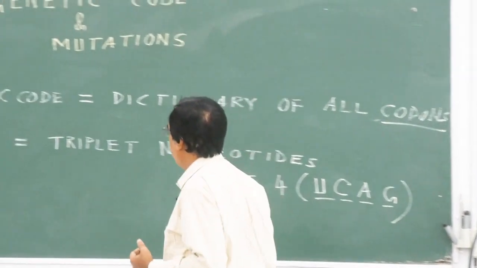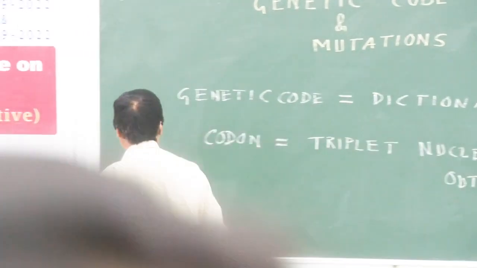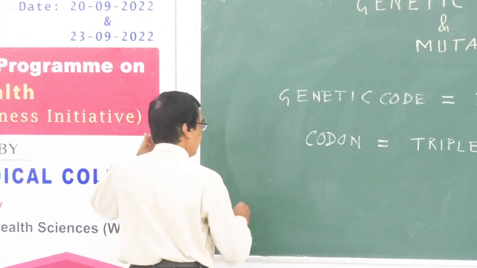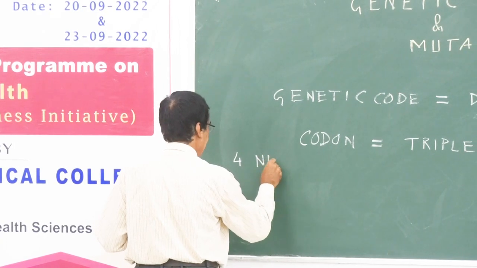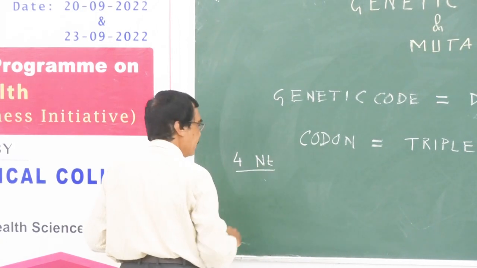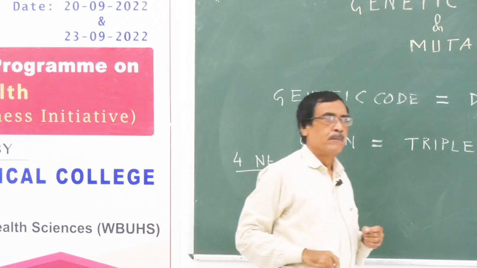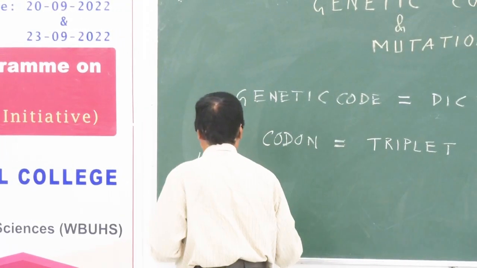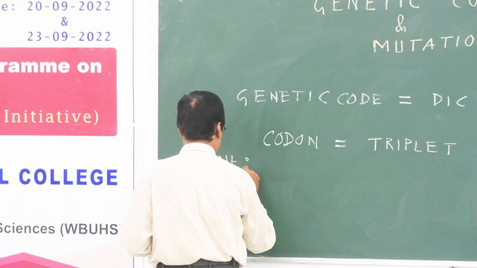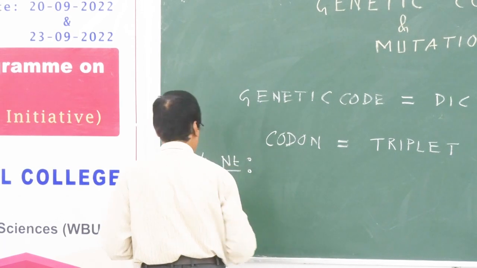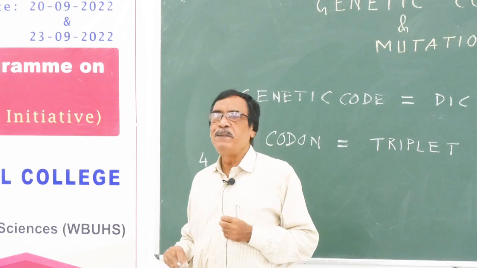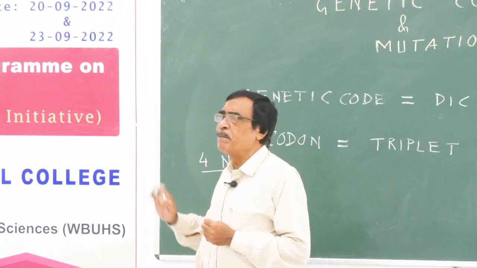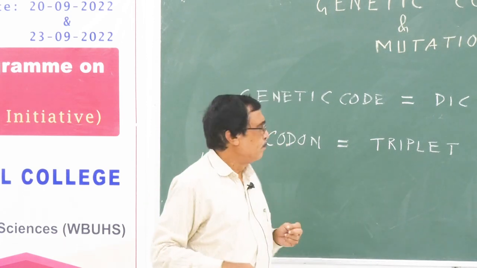Now, you know that out of 4 nucleotides, you have to compose triplet codons. How many triplet codons will appear out of these 4?